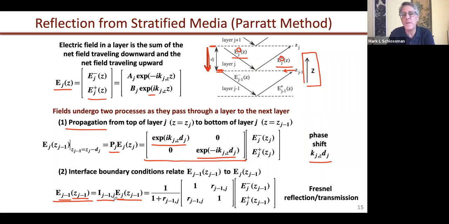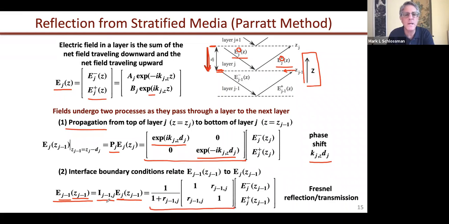The way you derive that interface matrix, which is just relating the field differentially close to this Z_(J-1) position, but in one case in the layer above, the other case in the layer below, is to just use the boundary conditions that I talked about earlier. If you use those boundary conditions, then you can derive this thing.